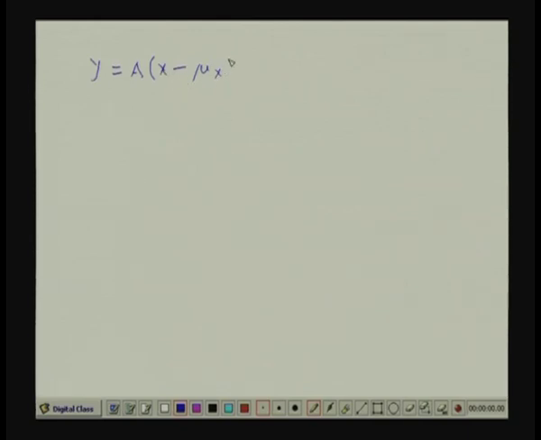So, using this matrix A which has been so formed, we form a transformation like y equal to A into x minus mu x, where x is a vector and mu x is the mean vector. Now, the transformed output y that you get follows certain important relationships.